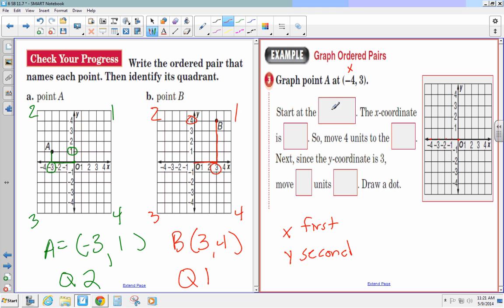The x-coordinate is -4, so move 4 units to the left. Next, since the y-coordinate is 3, move 3 units up. So 4 to the left, and 3 up. And there is our point. And you should label it point A.